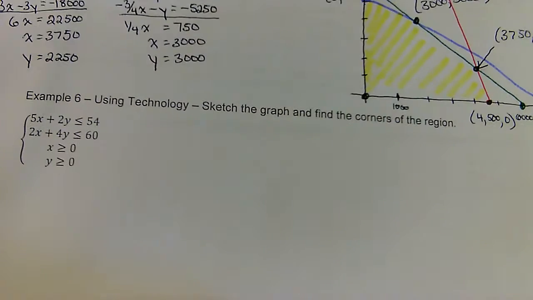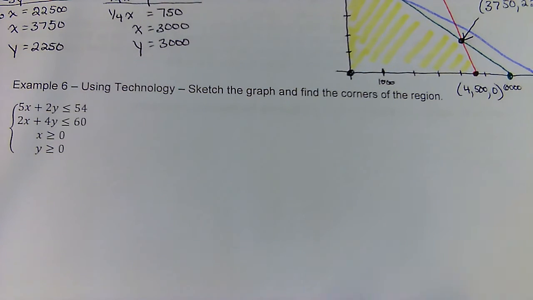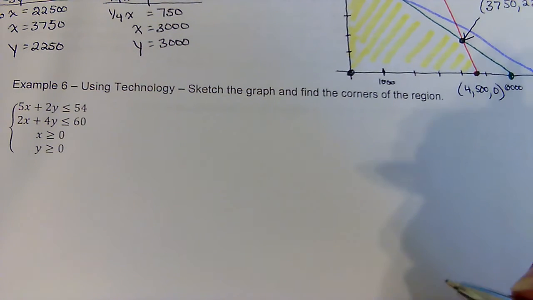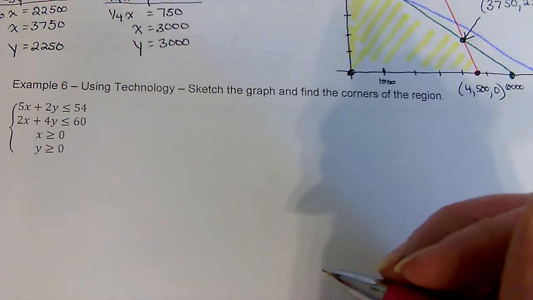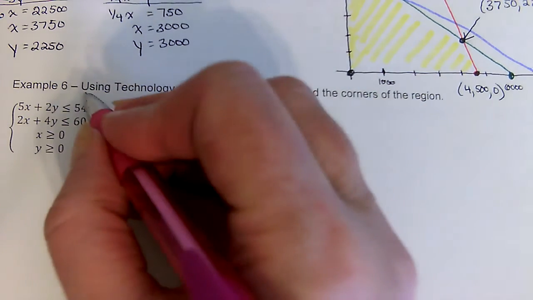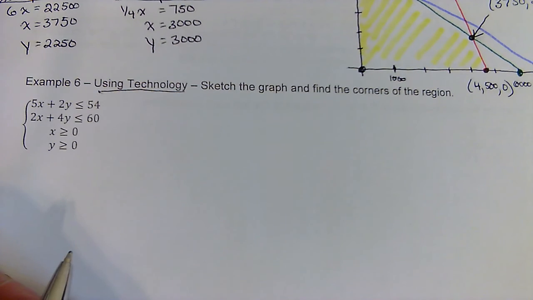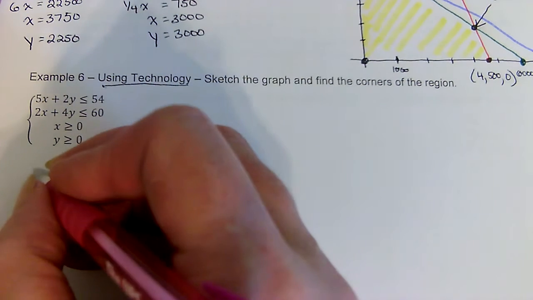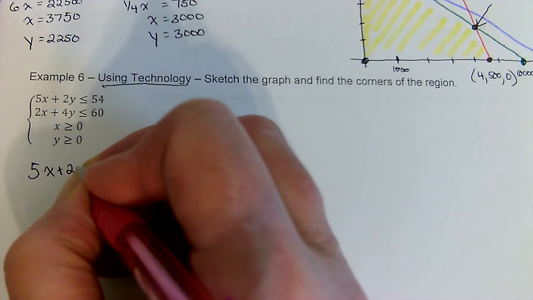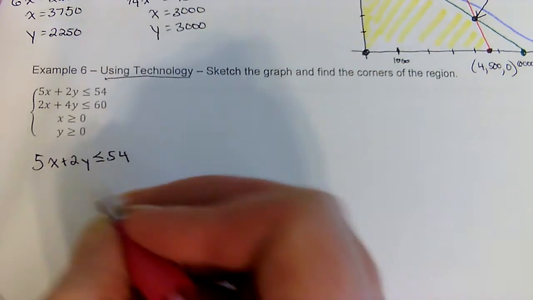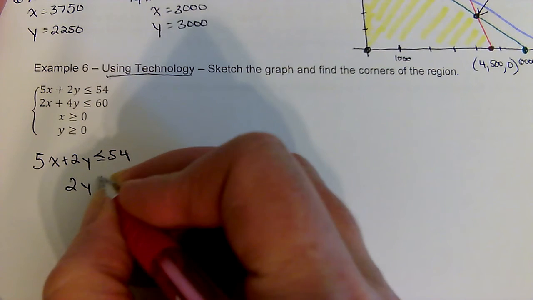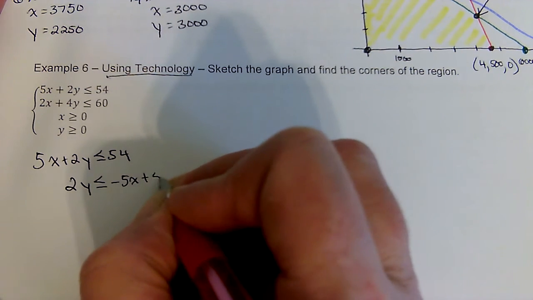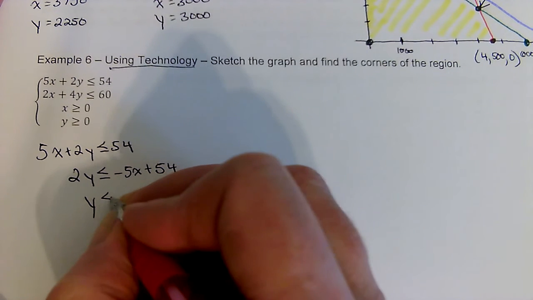All right. In the next one, I'm going to show you how you can use the graphing calculator to find the intersections. In class, we will also show you how to use Desmos. But we're going to use technology this time. So to use technology in the calculator, I'm going to have to solve for y. So that first equation, I'm going to subtract the 5x and then divide by 2.